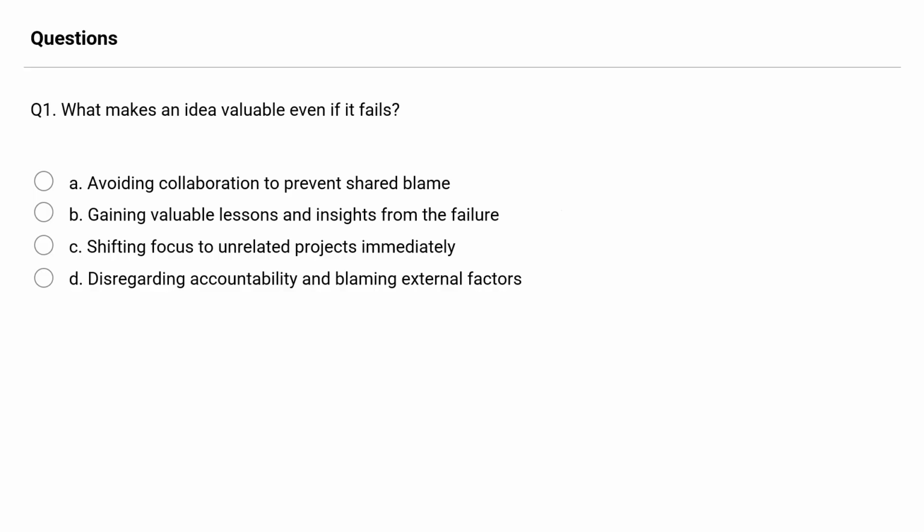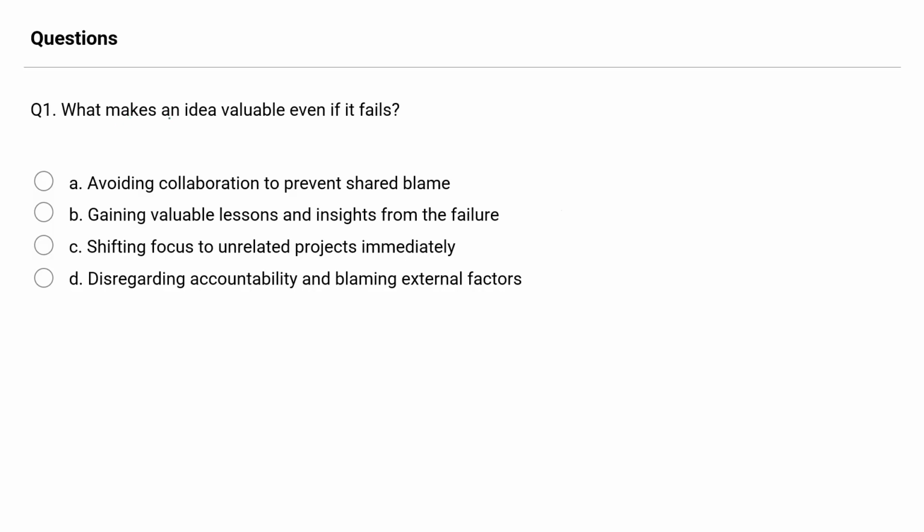So the first question is, what makes an idea valuable even if it fails? It's a very interesting question because it also tells that not every idea is successful. In fact, an entire ecosystem is required to make an idea successful and valuable.